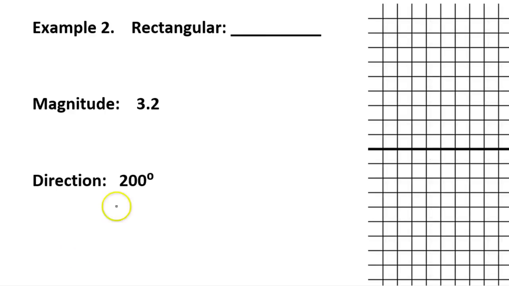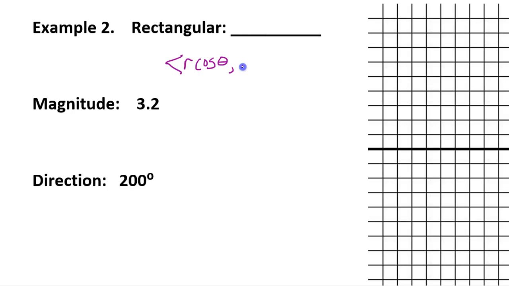For example 2, we are given the magnitude and the direction of a vector, also known as polar coordinates. And we are supposed to find the rectangular coordinates, in other words, component form. So we have now learned that we can find the horizontal component by doing r cosine theta. R is the magnitude.